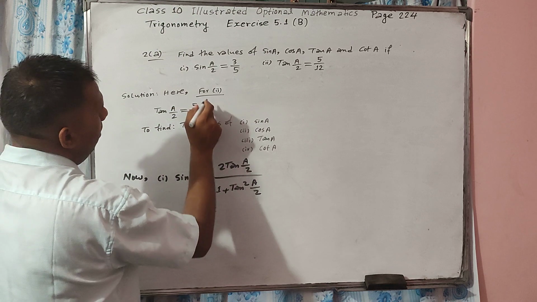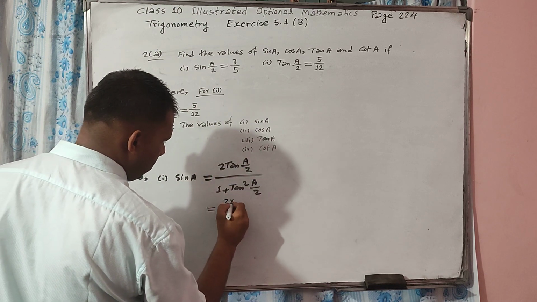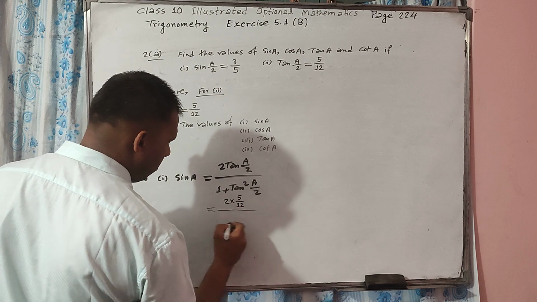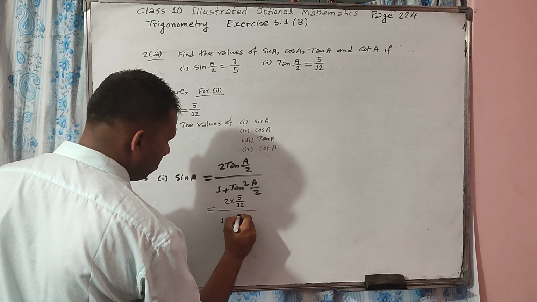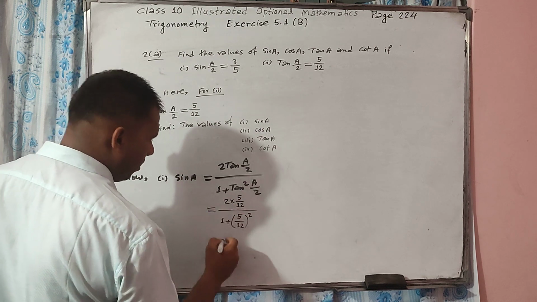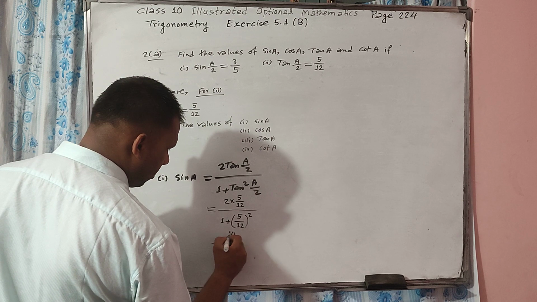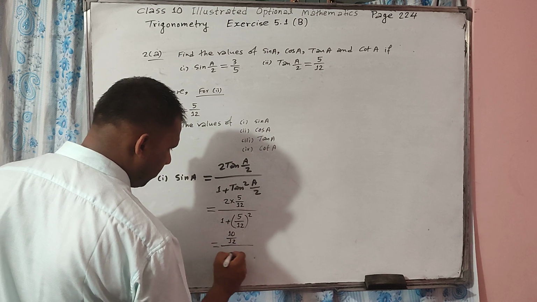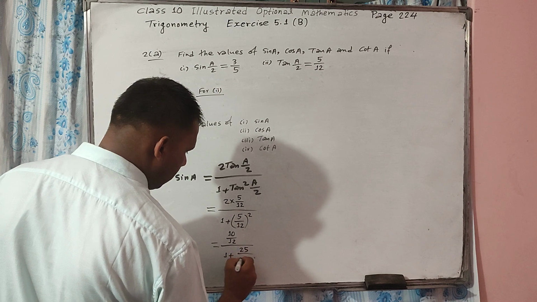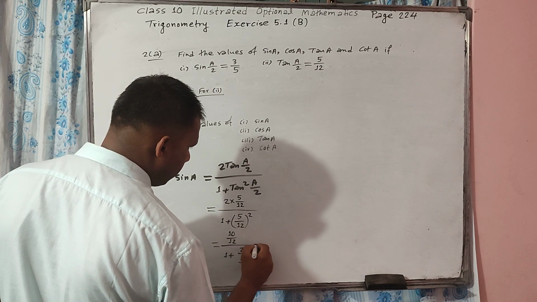Value of tan A by 2 is 5 by 12, so 2 into 5 by 12 all upon 1 plus 5 by 12 whole square. This equals 10 by 12 all upon 1 plus 25 by 144.